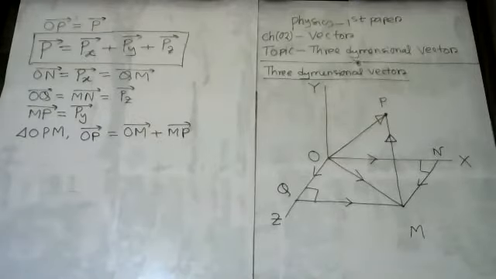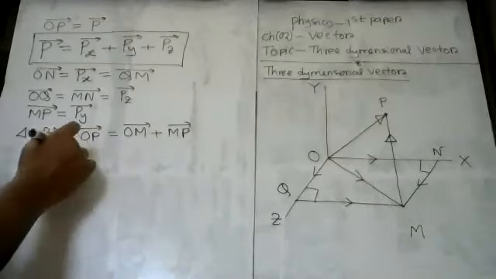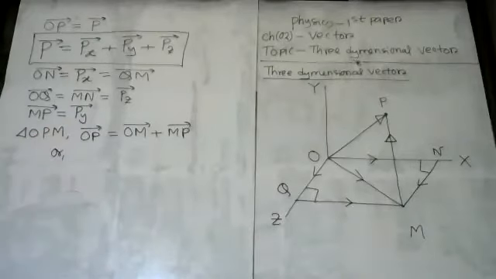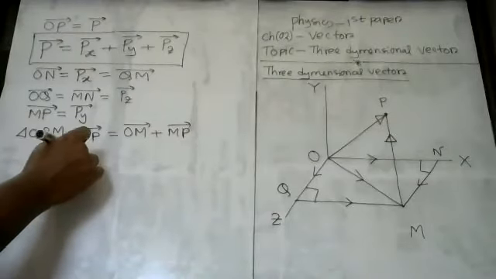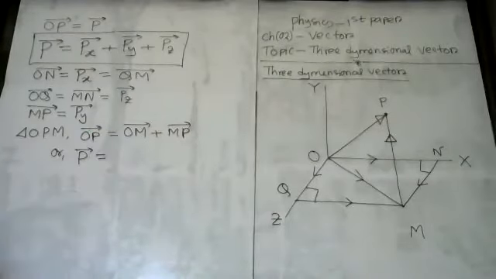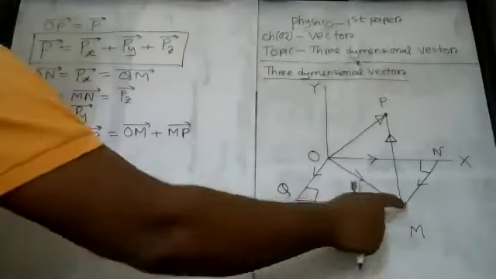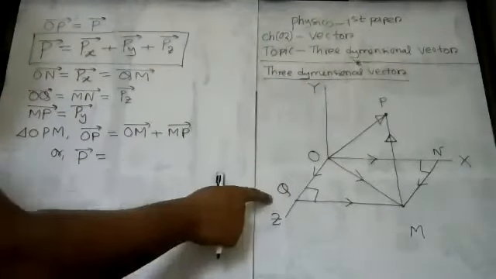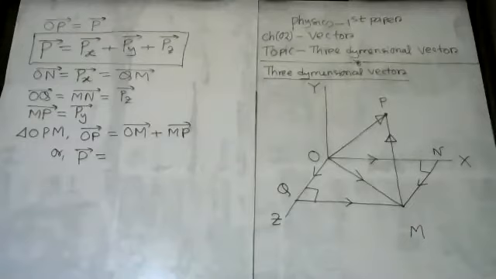So OP is nothing but vector P, and it equals the value of OM plus MP. You can convert this OM into two segments: OM will equal OQ plus QM.